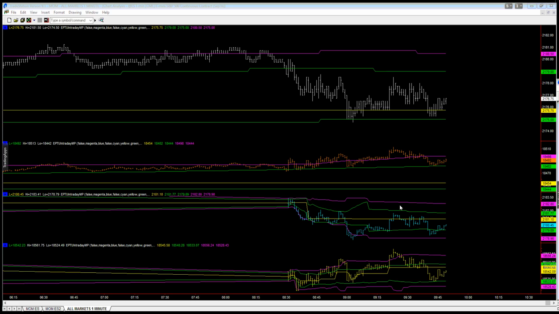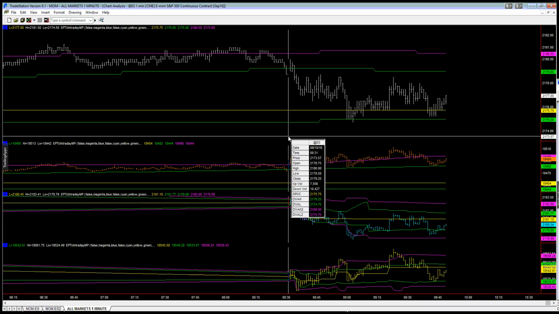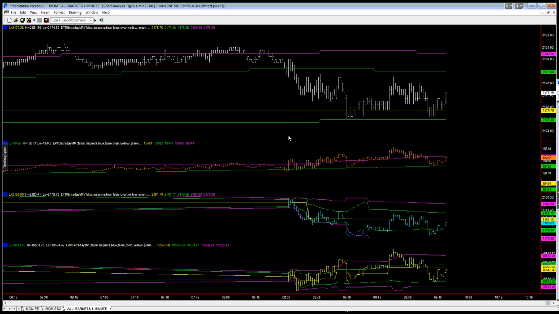This is the ES, this is the YM, this is the INX, and this is the INDU in this chart here. Here's where the markets opened. You can see how on the YM in particular, you had a fair amount of support right in here, and the same was true of the INDU.